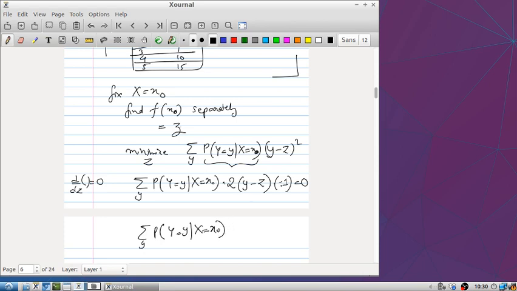The 2 and minus 1 we can cancel because it's anyway scaling. Times y is equal to z times sum over y, p of Y equal to y given X equal to x naught. First of all I deleted these two because they're just scaling.